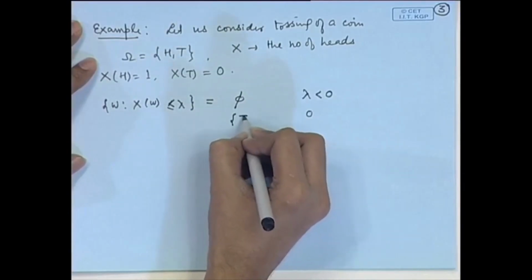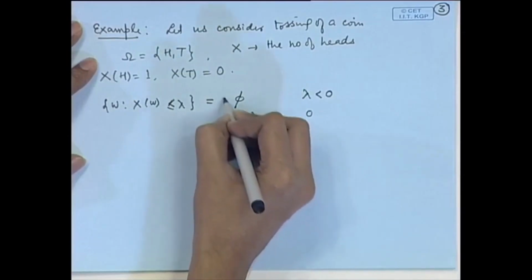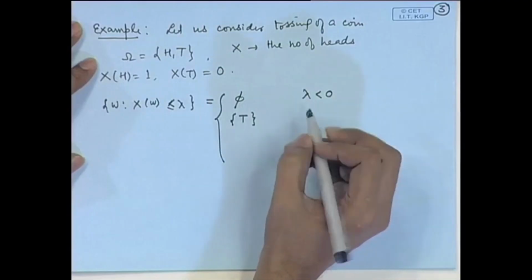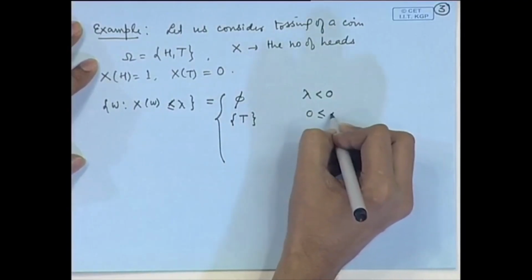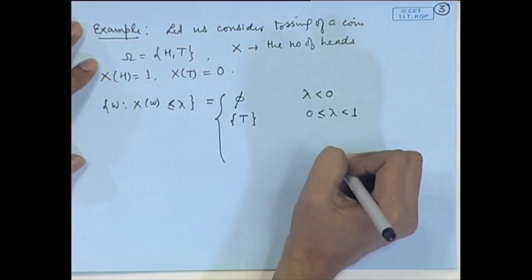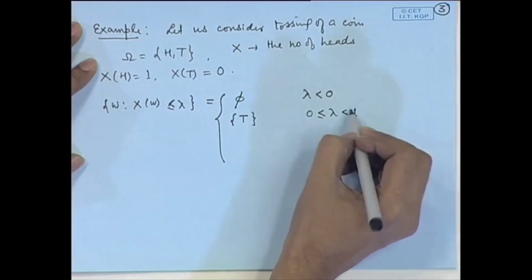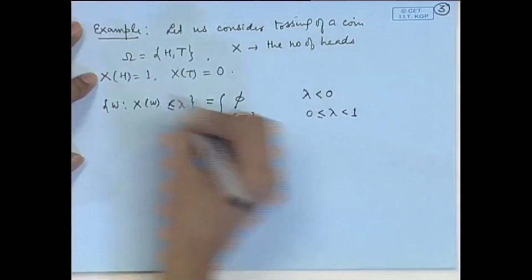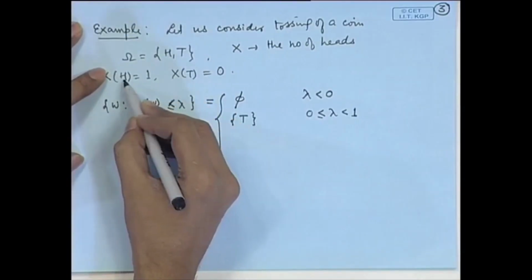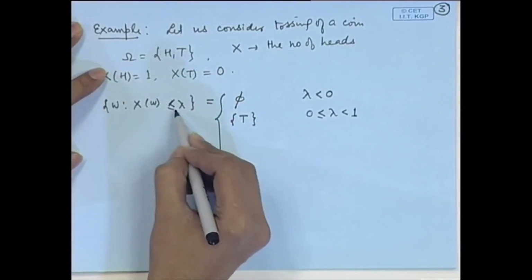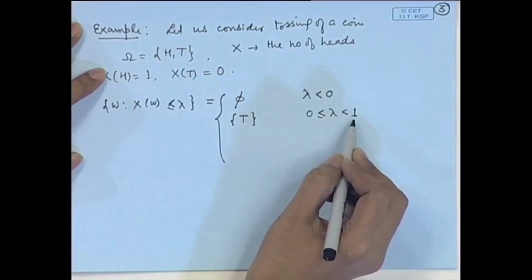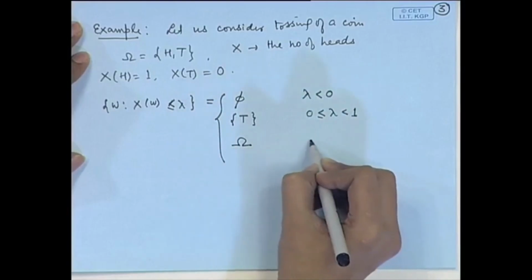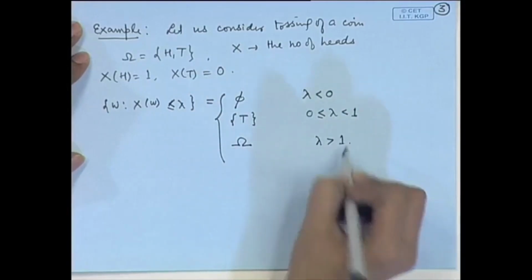That means there is a point here which satisfies the condition that X(omega) is less than or equal to 0. You can observe that this condition remains true for lambda up to, strictly less than, 1, because the next value that the random variable takes is equal to 1. So, when it eventually takes 1, then there are 2 points, that is H and T, which satisfy the condition that X(omega) is less than or equal to 1 or any point above that. So, this becomes full omega for lambda greater than or equal to 1.